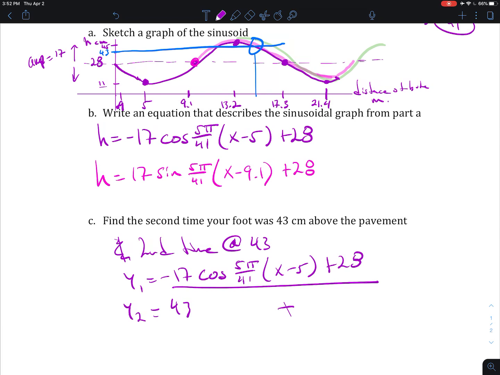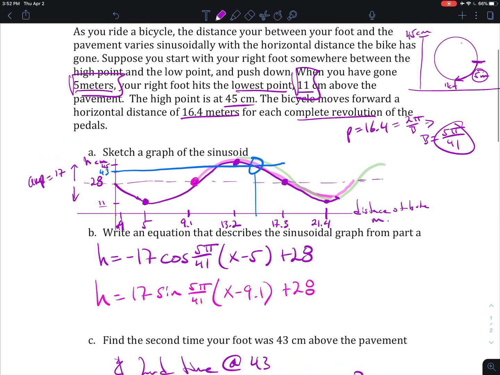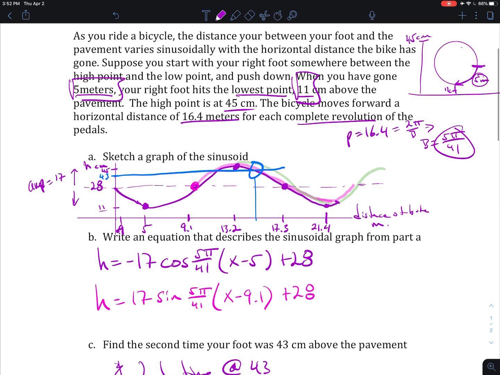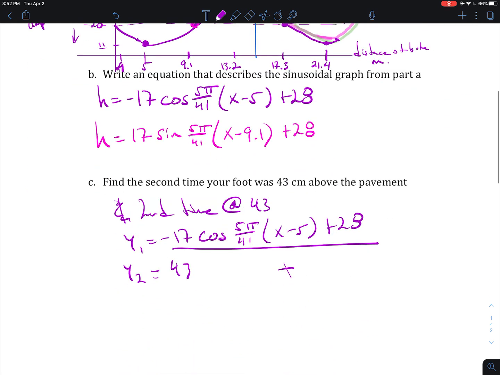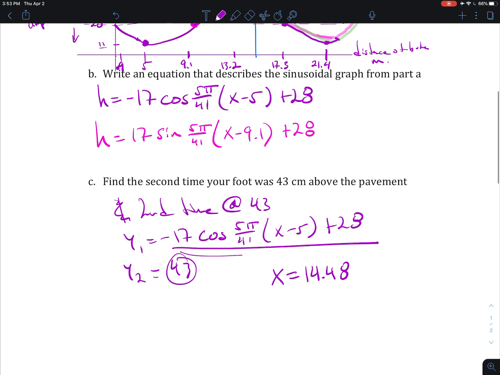And let's see, if we do that, we get, what is that? Find the second time. So this is going to be in a distance that your bike has gone, which I called x earlier. So when x is equal to 14.48, and I got that from the calculator setting these two equal to each other and solving it.